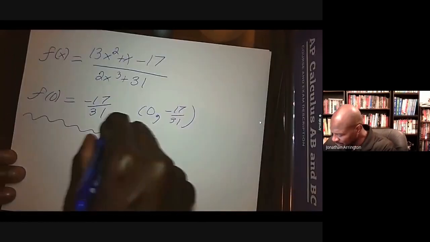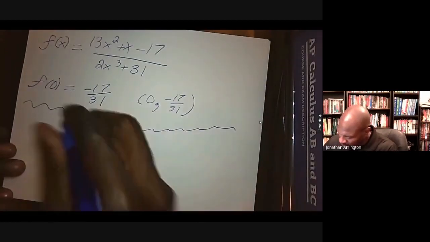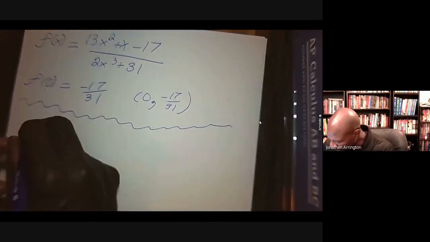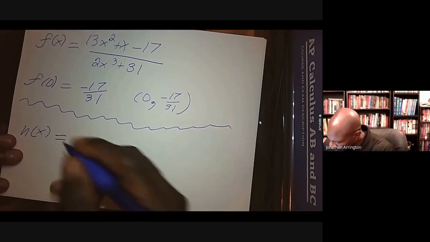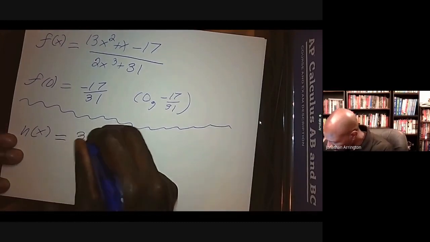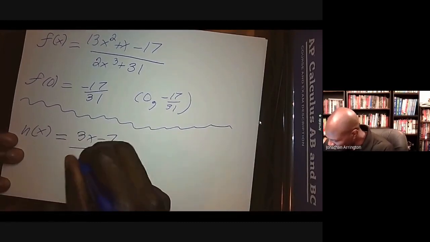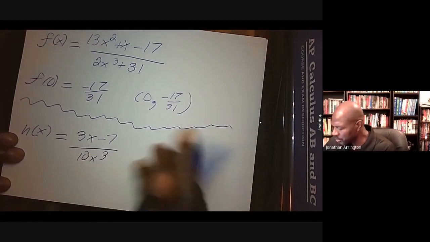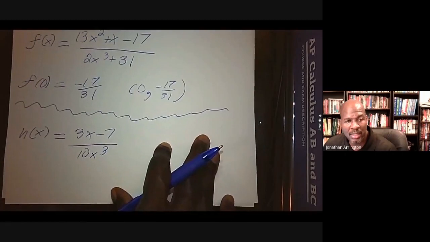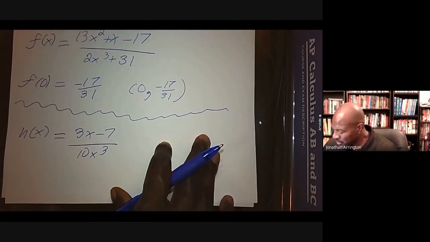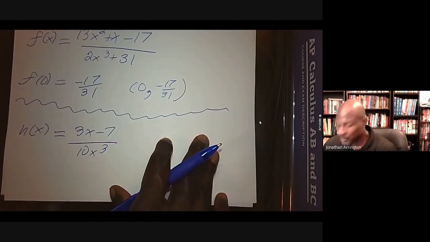Okay, still too simple. I understand. Let's take another function. Let's say h of x is 3x minus 7 over 10x cubed. So we're going to find the y-intercept, of course.